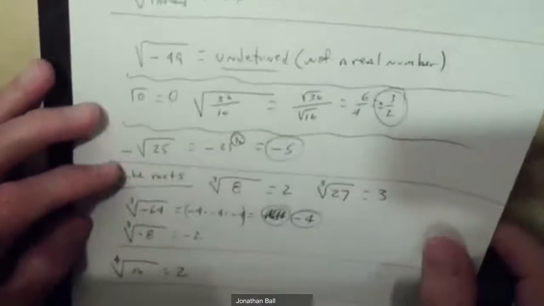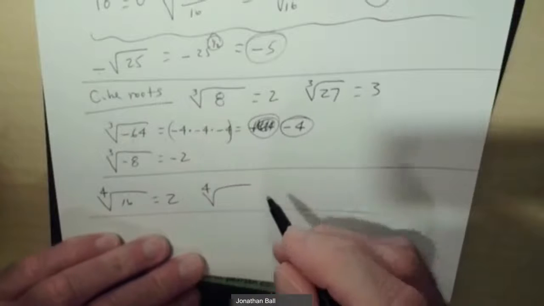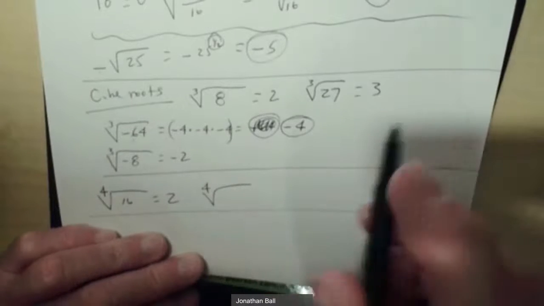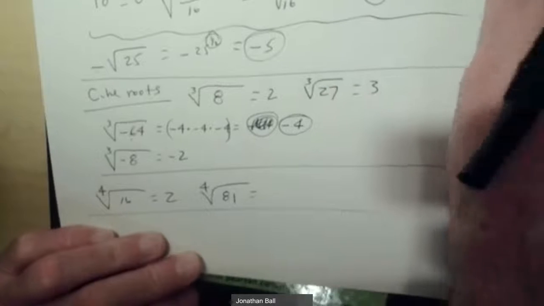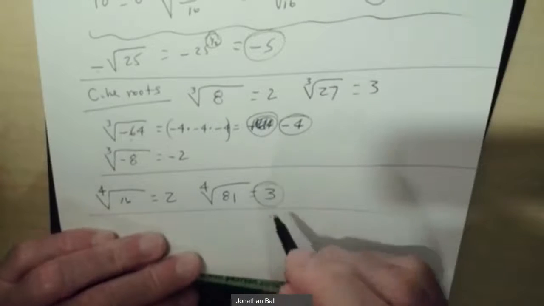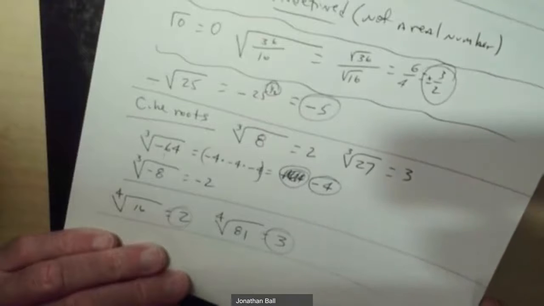Okay. And again, the calculator will deal with this if you want it to. The 4th root of 81, I think, is 3. And again, the calculator will deal with this.